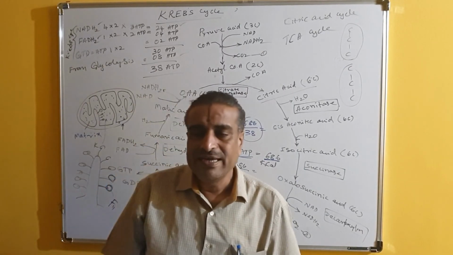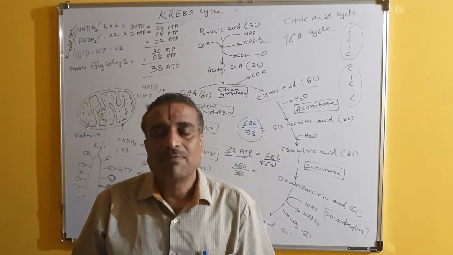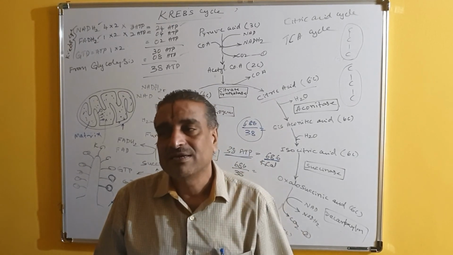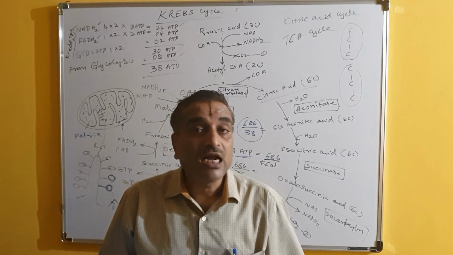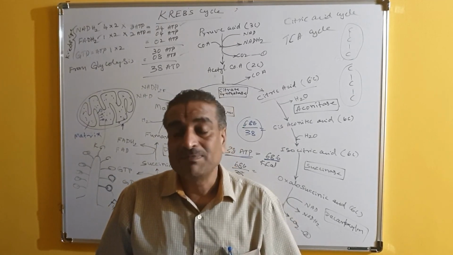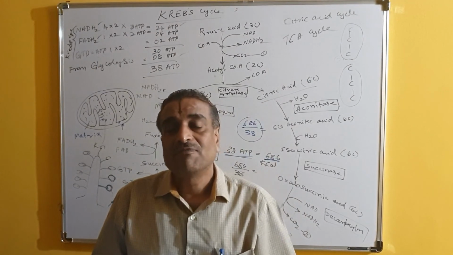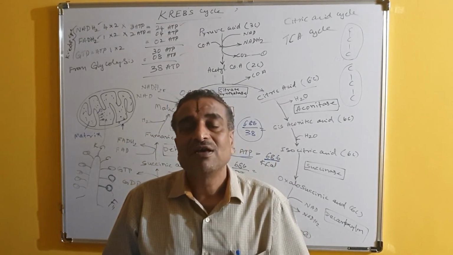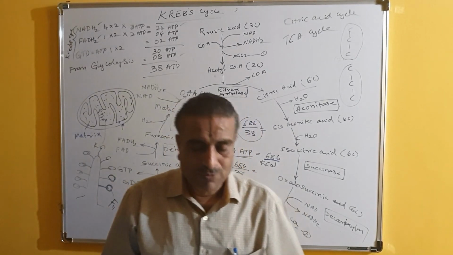I have already prepared the notes, and I will upload them tomorrow. I will also complete anaerobic respiration in detail, and also the RQ, respiratory quotient, which may be asked in the examination, along with factors affecting respiration and the industrial use of aerobic respiration. All these things I am going to continue tomorrow.